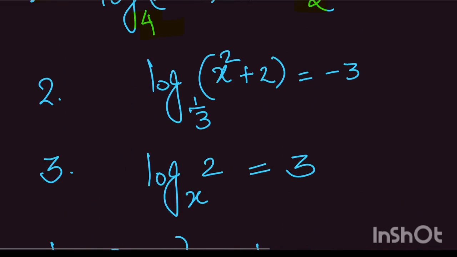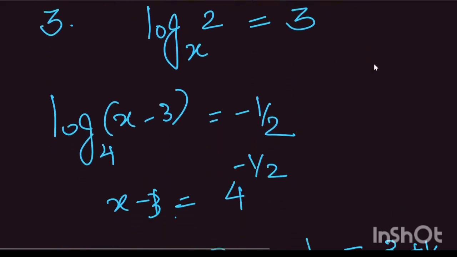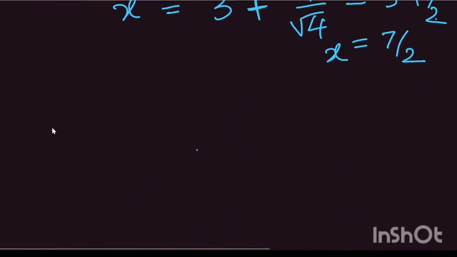Now, log x square plus 2 base 1 by 3 is equal to minus 3.